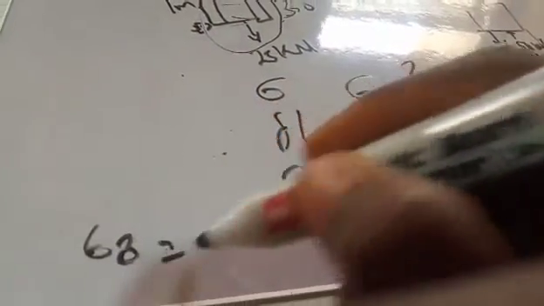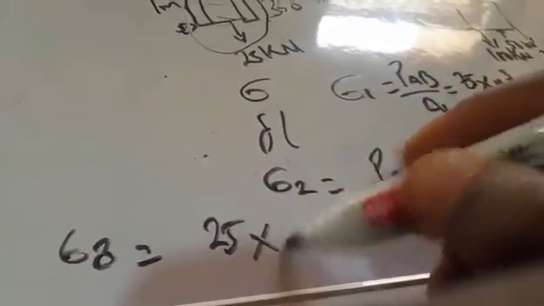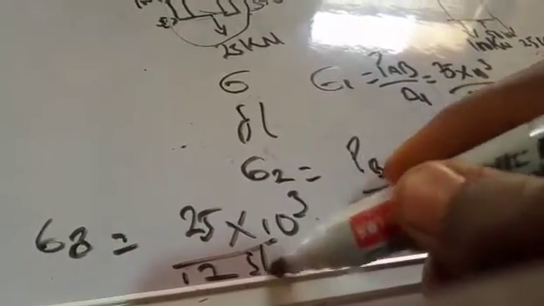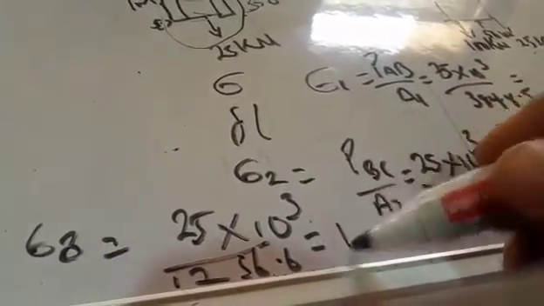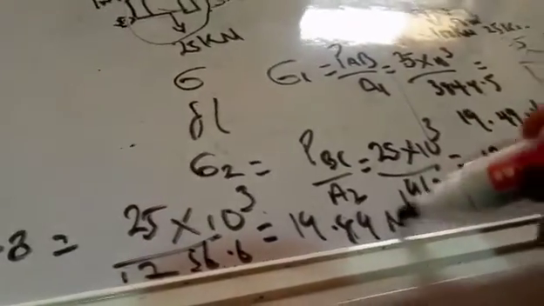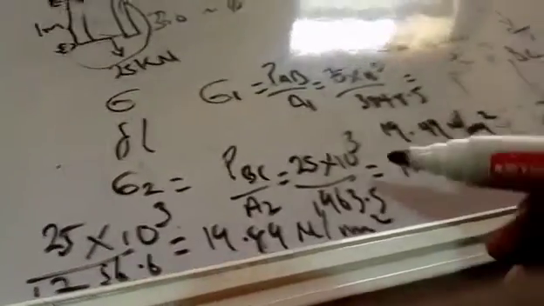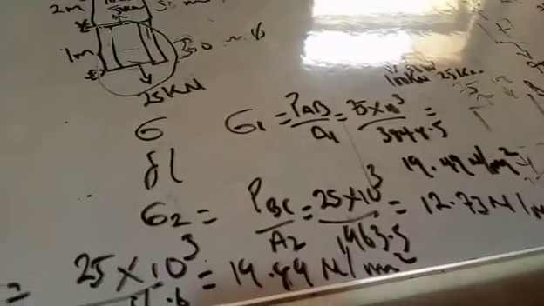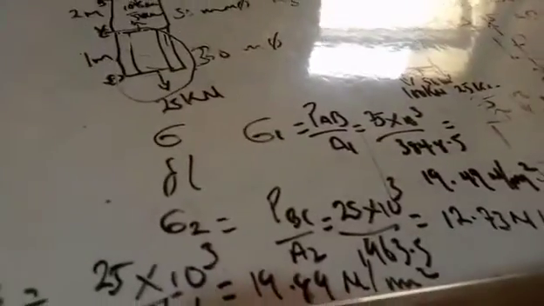Now to get your stress 3, we have 25 times 10 to the power 3 over 1256.6, which gives us 1.98 Newton per millimeter squared. If you are lost, I suggest you go back and clear your doubt. So now we have stress 1, stress 2, and stress 3.